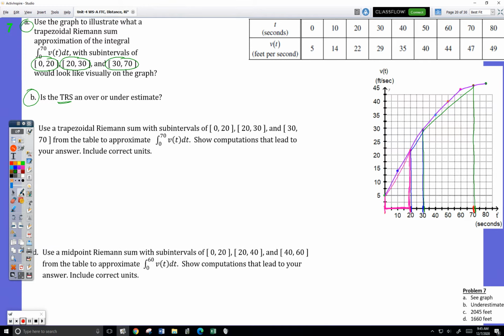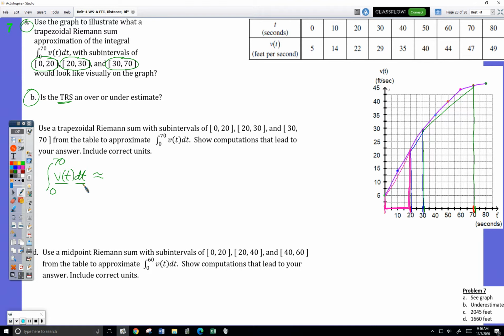We've got to do this Riemann sum, so we write the integral. You notice that in our drawing references two different velocities for a given subinterval. But remember the big idea. You've got to take a velocity for some subinterval.